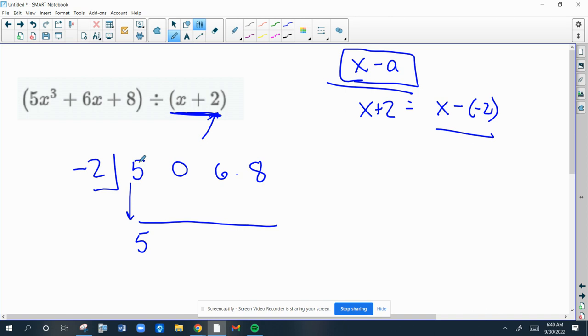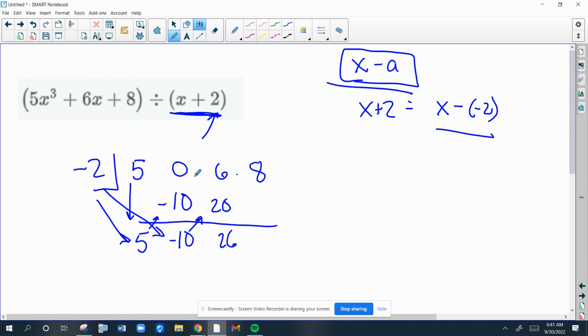So you always start by bringing down this first number, multiply it by this number. So negative 2 times 5 is negative 10. Fill in this little space and add. So 0 plus negative 10 is negative 10. That's it. Whenever you get a number down here, you just repeat the process. So multiply negative 2 times negative 10, positive 20, write it up here, and add.